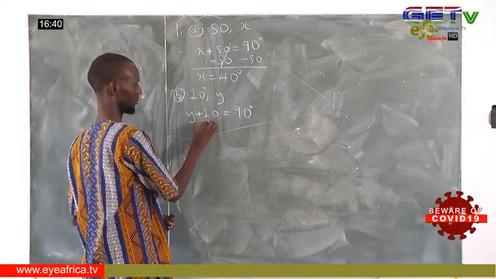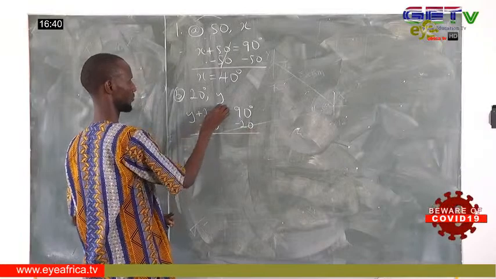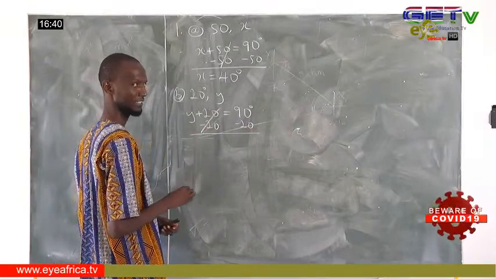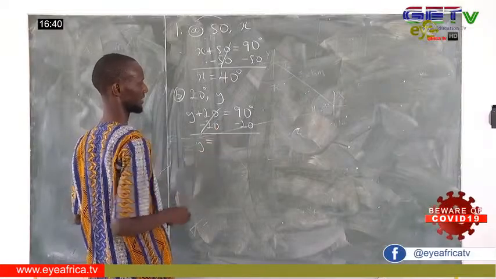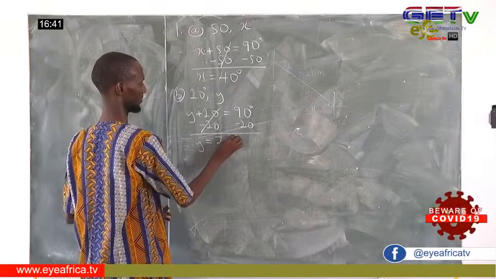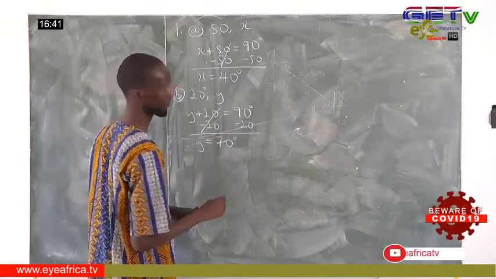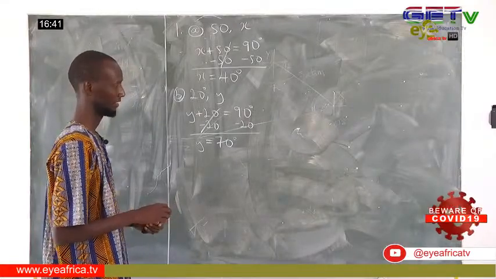So you subtract 20 from both sides of the equation. The 20s will cancel each other out from the left-hand side, and therefore you have y being equal to 90 minus 20, which should give us 70. So the complement of 20 degrees is 70 degrees.